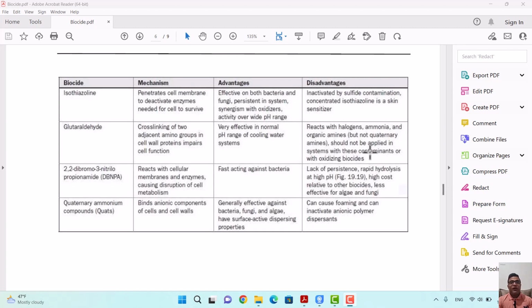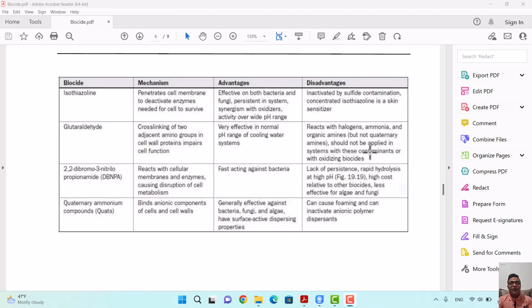For instance, I had this experience, not firsthand, but with one of the nearby petrochemical cooling water systems that were using glutaraldehyde. Unfortunately, after 2 or 3 months of use, the biocide was not effective in removing bacteria and eliminating fungi.